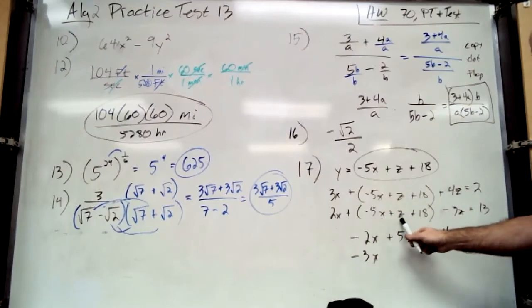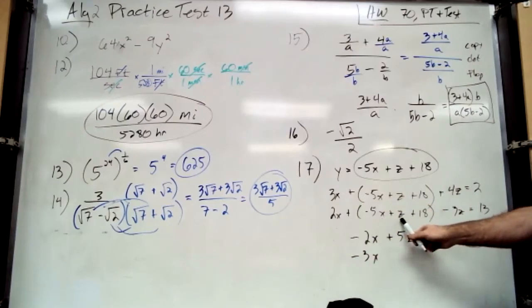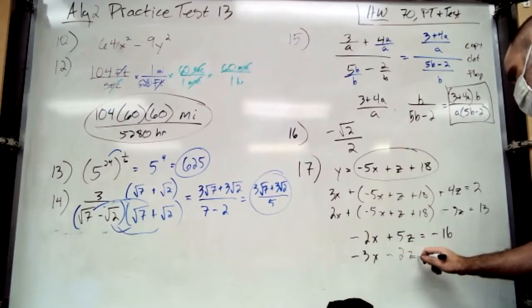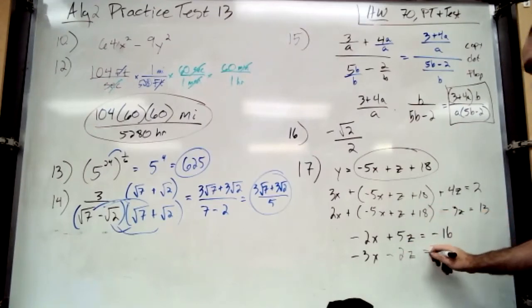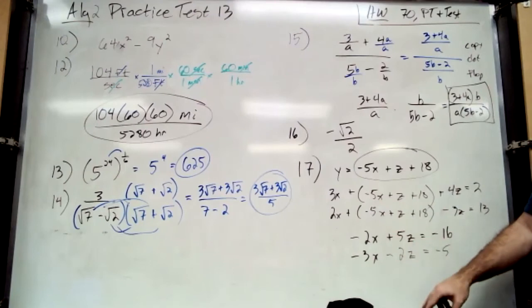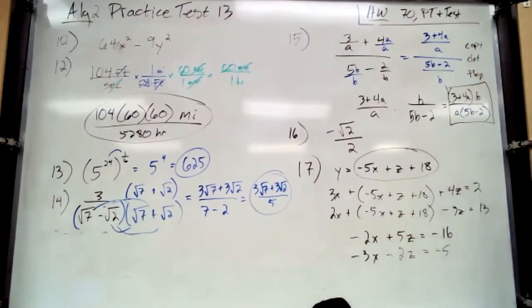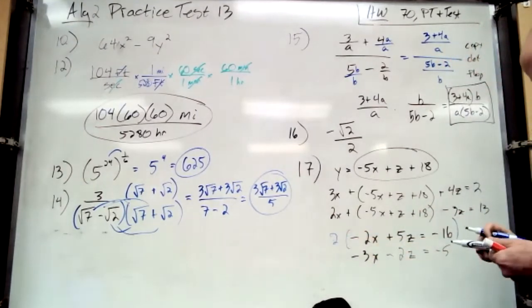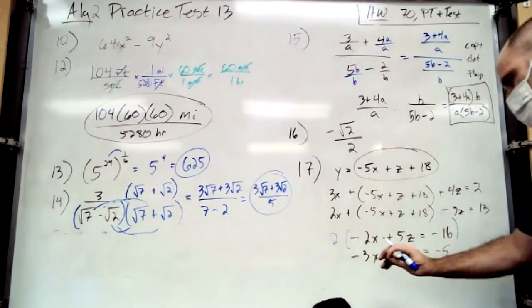Then your z combined with a negative 3z is negative 2z. Bring the 18 over, and that's negative 5. So now we've got an old school equation that is pretty solvable. I'm going to get rid of the z's since they're already opposite signs. I'm going to multiply the top by 2, and the bottom by 5.